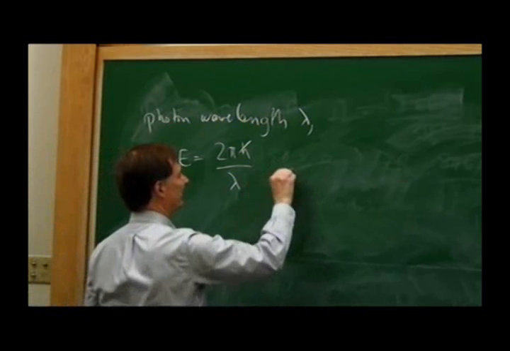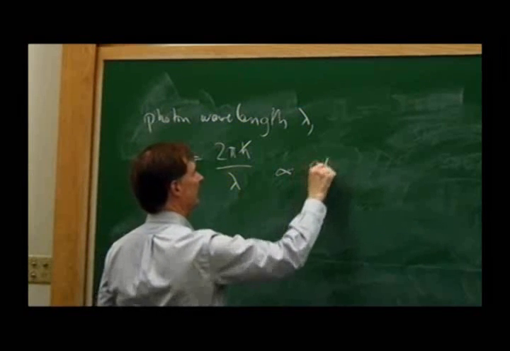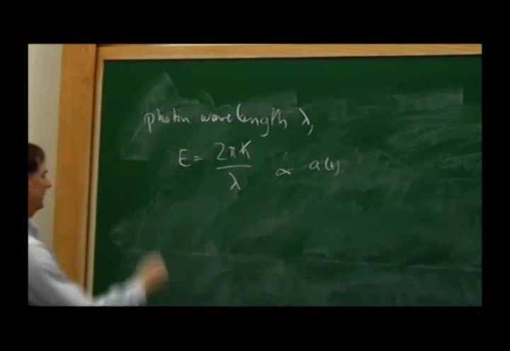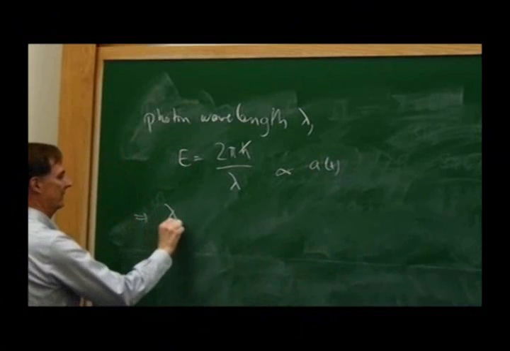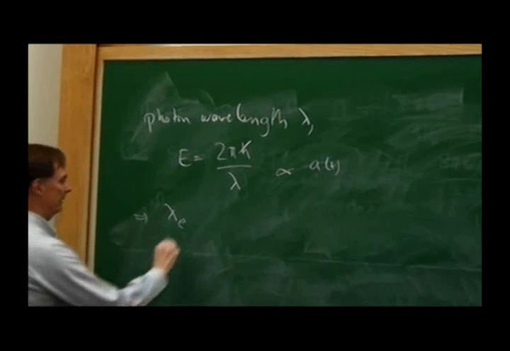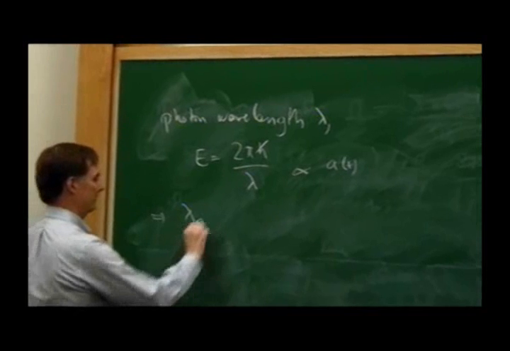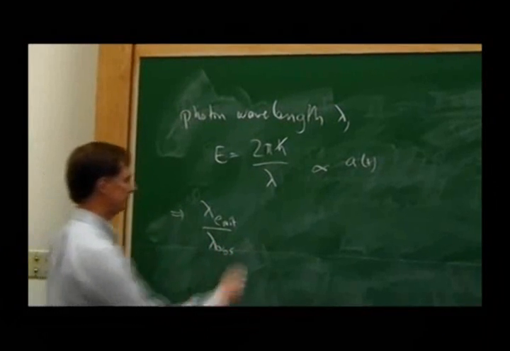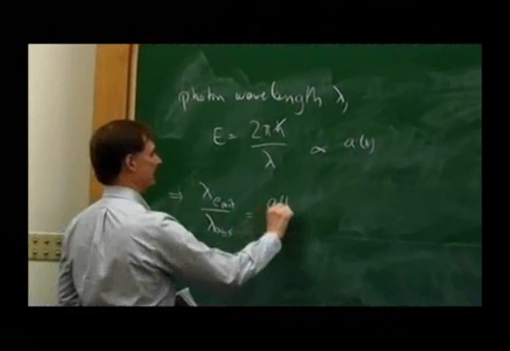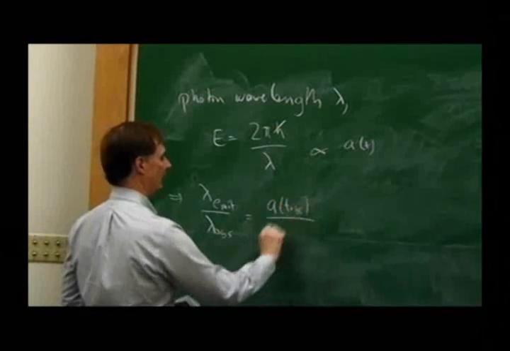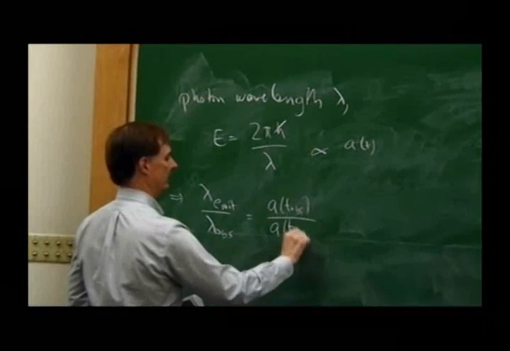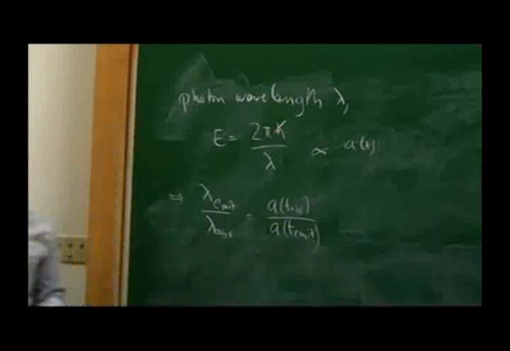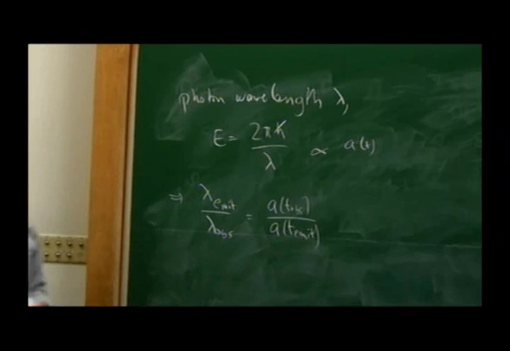And if this is proportional to A of t, it implies that lambda emitted divided by lambda observed is A of t emitted over A of t observed. The wavelengths stretch.